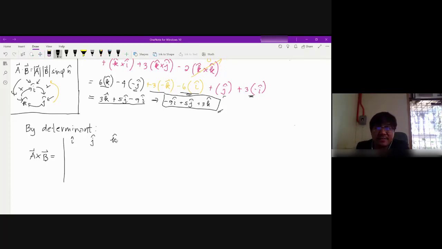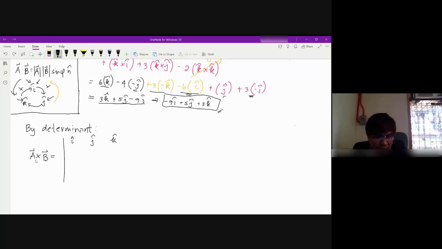It's standard, so i, j, k. This is a row, and if vertical, that is a column. Your first row is the unit vectors.